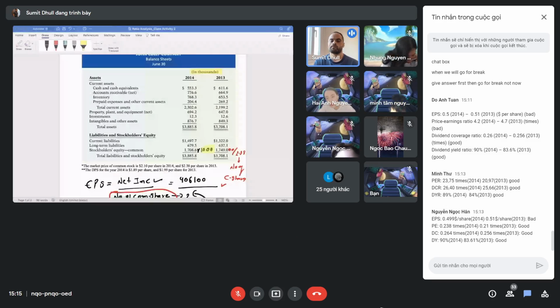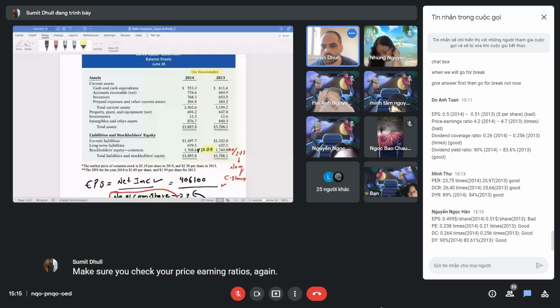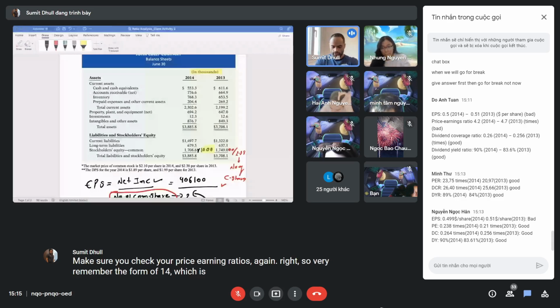Make sure you check your price earning ratios again. Remember the formula, which is market price divided by EPS. Right.